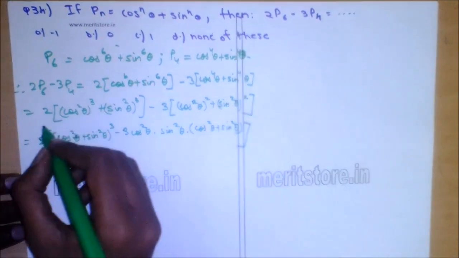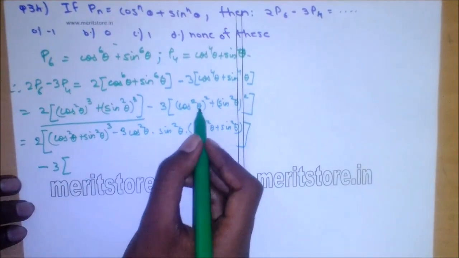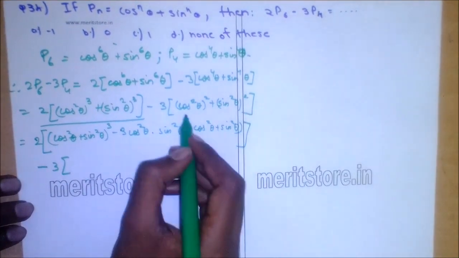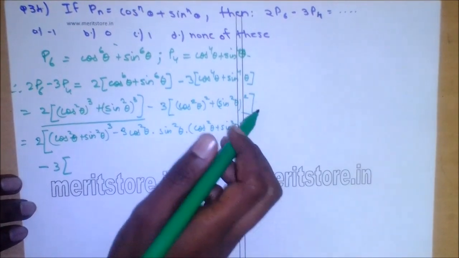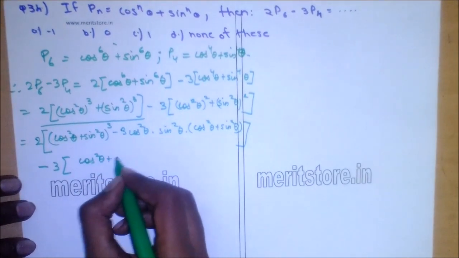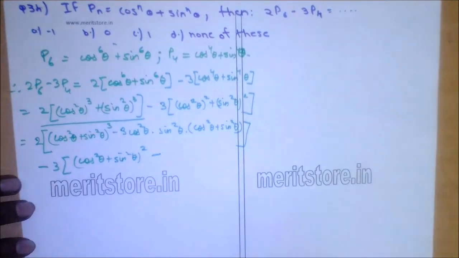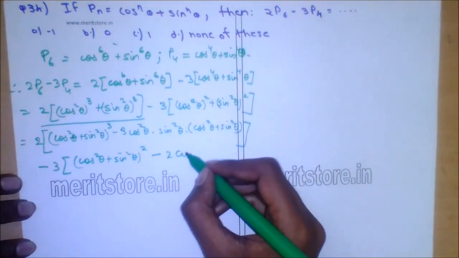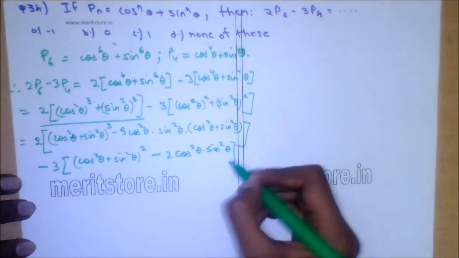This is the first term, this one, minus 3 into cos square theta a square plus b square. So this is a plus b the whole square minus 2ab. So this is cos square theta plus sin square theta the whole square minus 2 times cos square theta sin square theta.